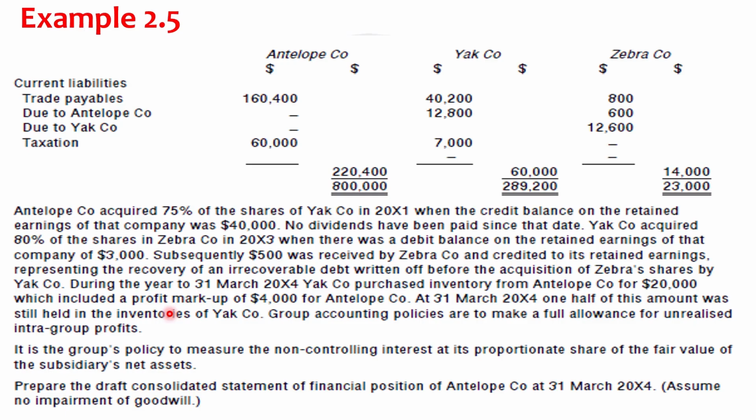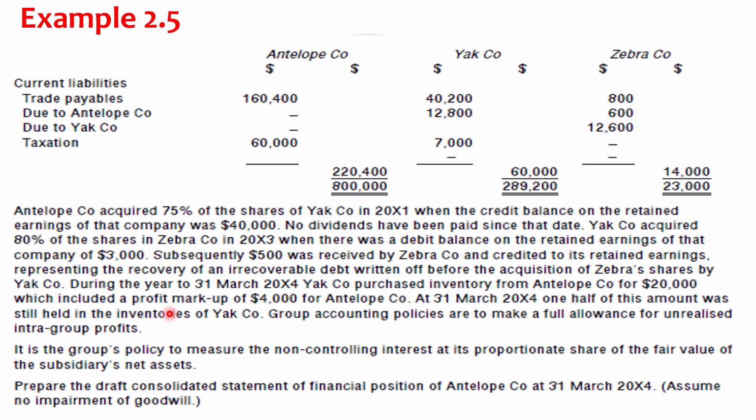Subsequently, 5,000 was received by Zebra and credited to its retained earnings, representing the recovery of a debt written off before the acquisition of Zebra.